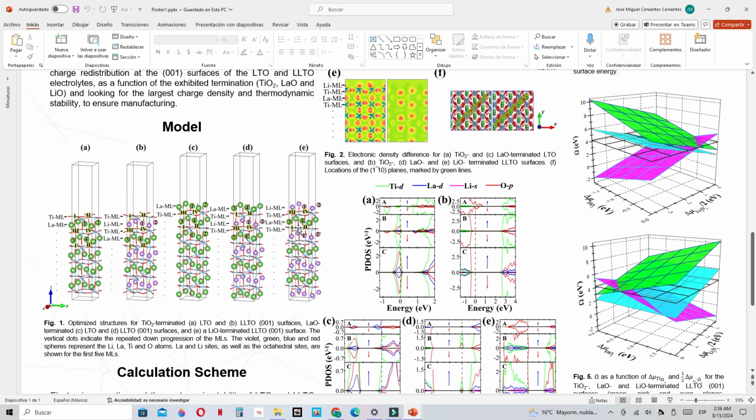The violet, green, blue, and red spheres represent the lithium, lanthanum, titanium, and oxygen atoms.